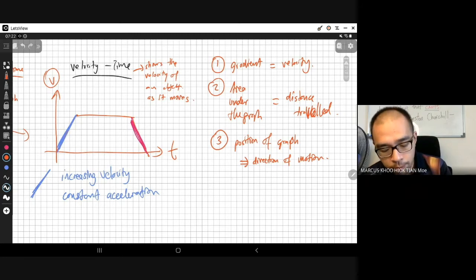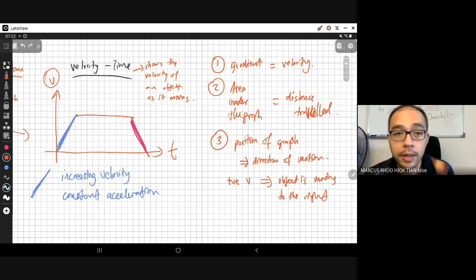So a positive V means that the object is moving to the right. In this case, the object is only moving towards the right. It's forever moving towards the right.